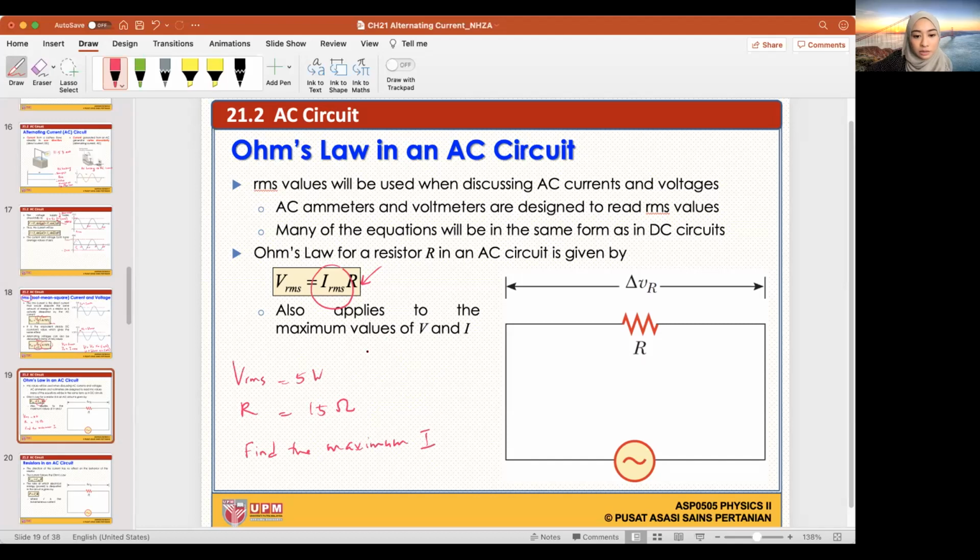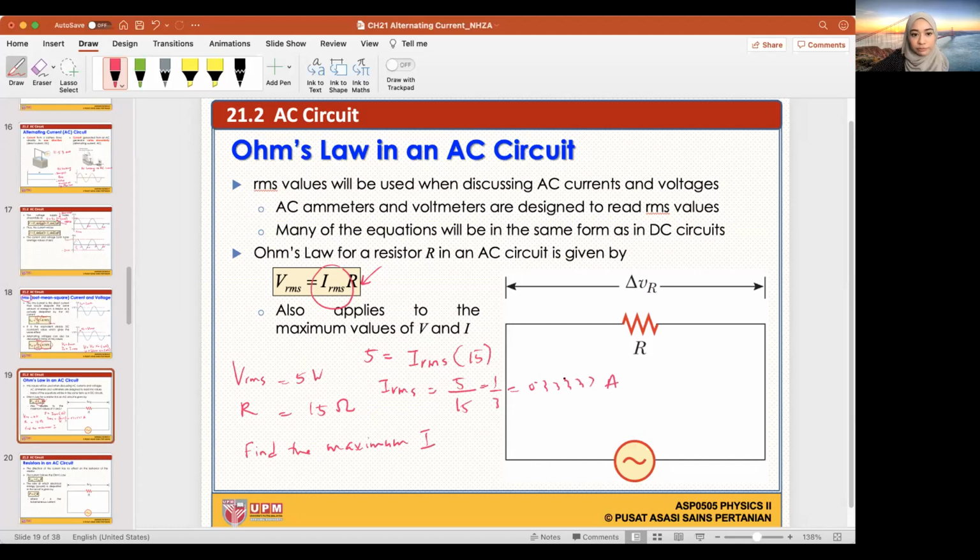First, VRMS equals IRMS R, so you want to find out what your IRMS is first. Your R is 15, so your IRMS is equal to 5 over 15, or 1 over 3, or 0.33333 ampere.